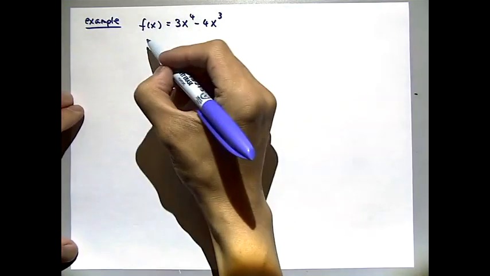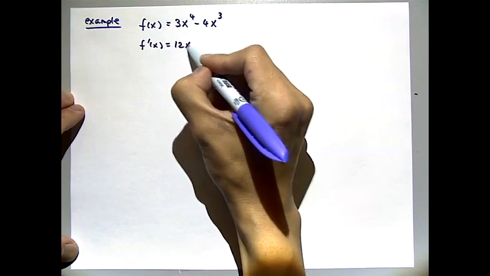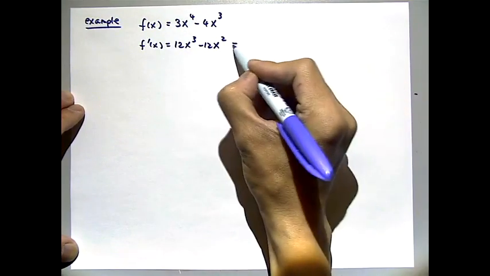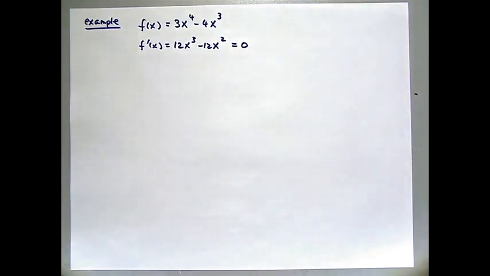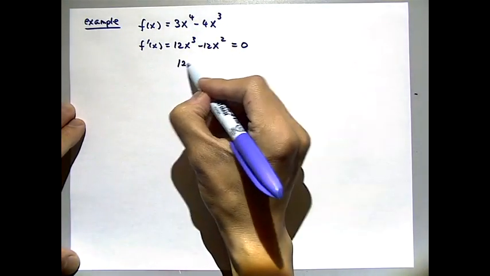Okay, so we know what to do. Find the derivative. Simple stuff here. Make that equal to 0, right? Let's factor out a 12x squared.